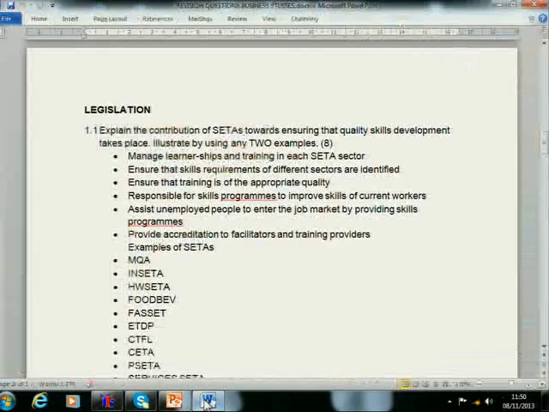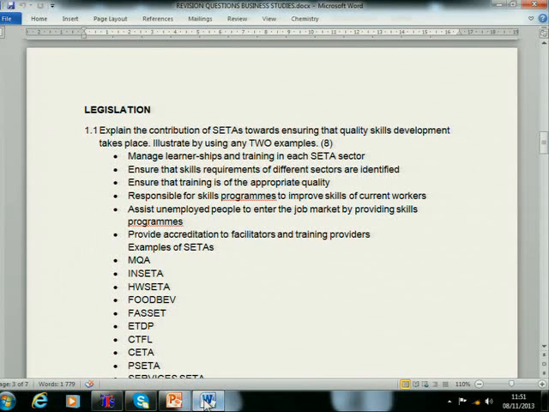These are questions which appeared in the November question papers from 2008 until last year, 2012. I just took sample questions from those papers.